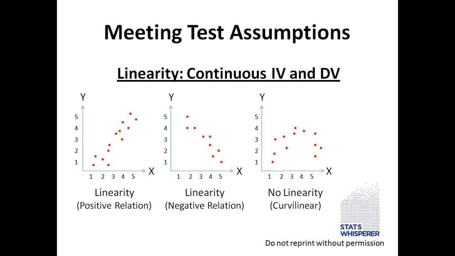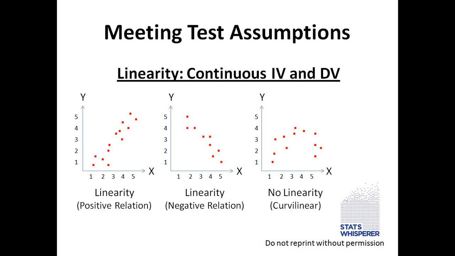So here's our issue. For example, the third one, when there's non-linearity, a curvilinear relationship. That means in the beginning, 1 and 1 meet, 2 and 2 meet, 3 and 3 meet, but after you get past 3 and 3, the relationship starts going down.